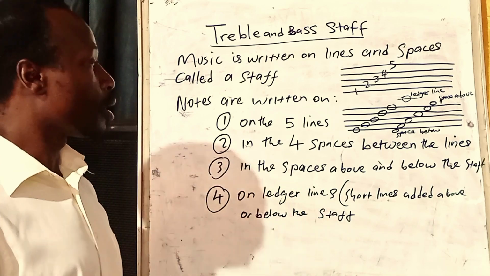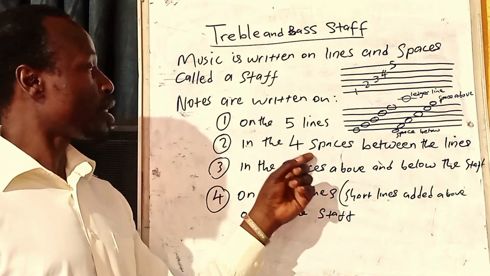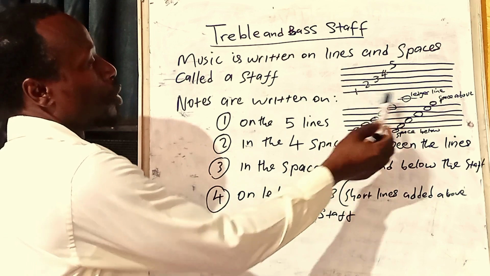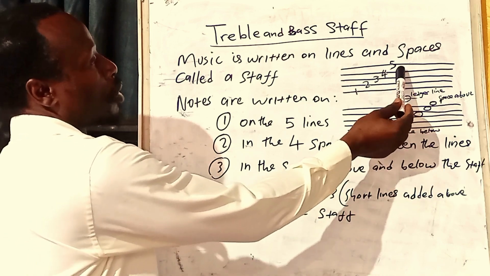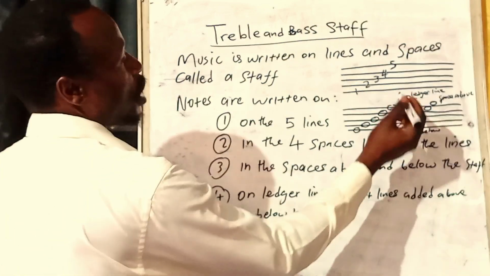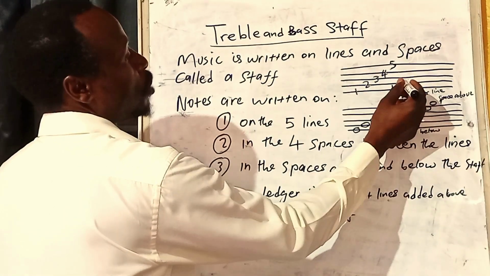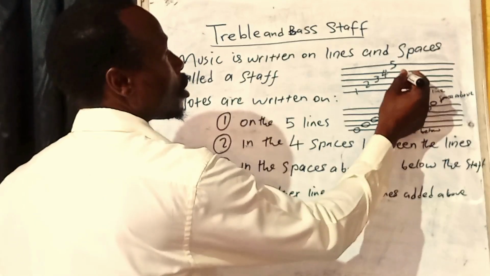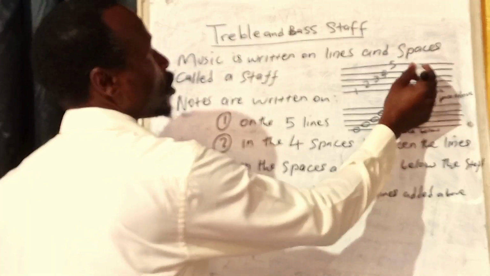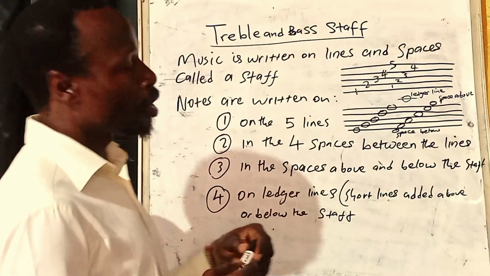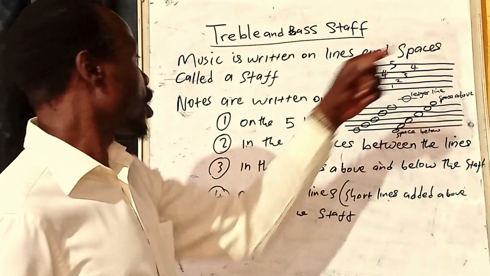As you can see, this is space 1, space 2, space 3, space 4. So you write notes on the lines and also the spaces.